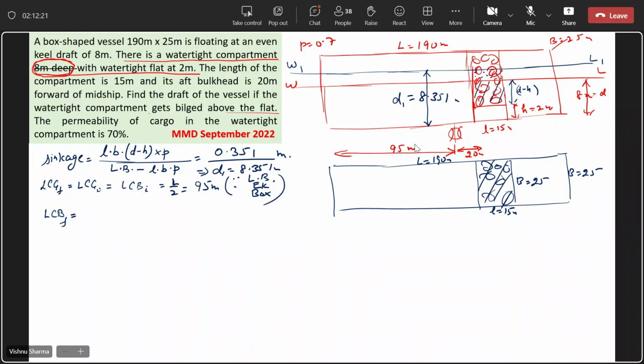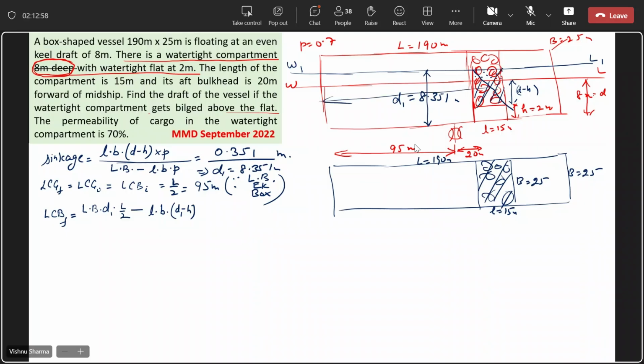Guys, I'll put only in the notational form. Longitudinal moment of underwater volume up to W1 L1, L B D1 into L by 2, minus the longitudinal moment of underwater volume not contributing to buoyancy. That will be small l into small b into the height of the compartment which is under the water and contributing, D1 minus h, into permeability, and then x.